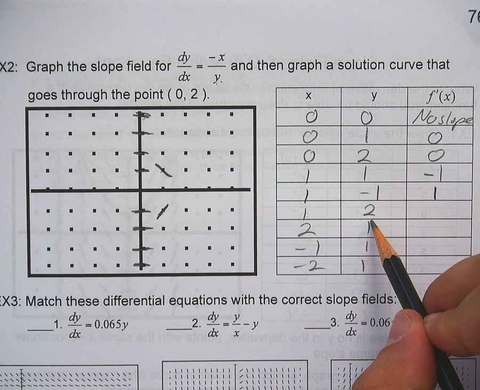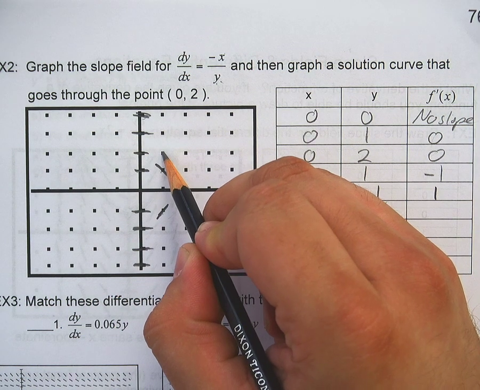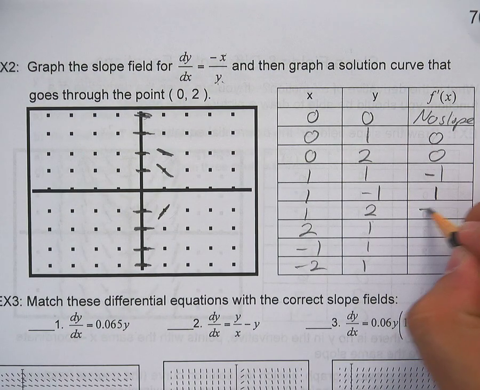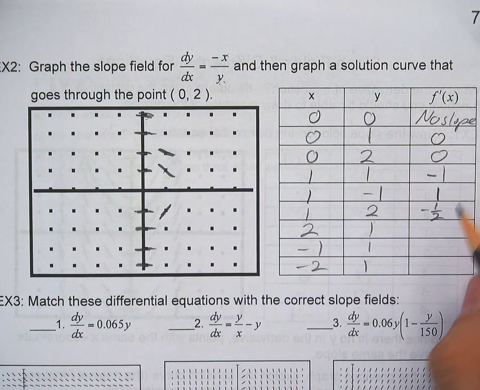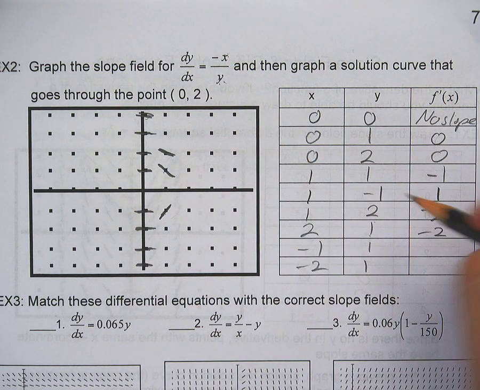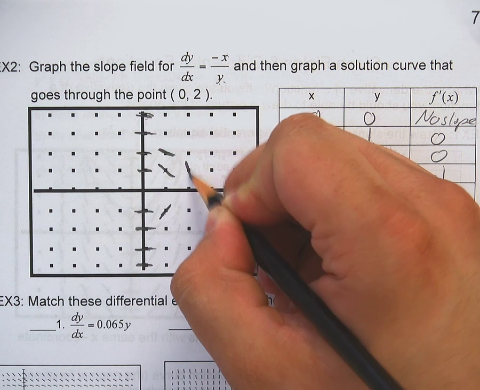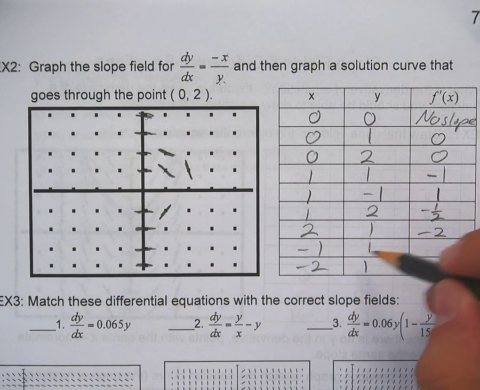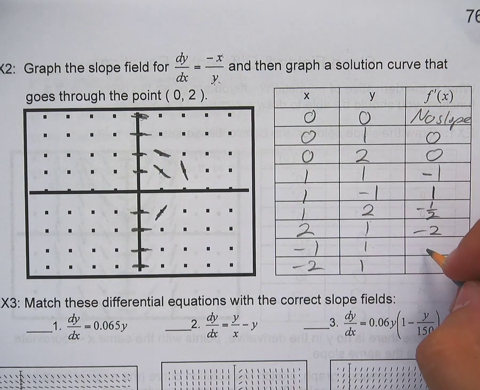1, 2 gives you a -1/2. So a little bit more shallow. 2, 1 gives you a -2, a little bit more steep. -1, 1. -1 over 1 gives you +1.